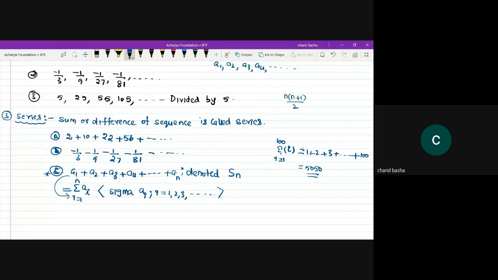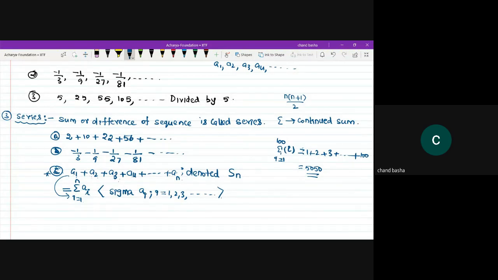It means A1 plus A2 plus A3, sigma representation for addition. It is used as a continued sum. Clear?